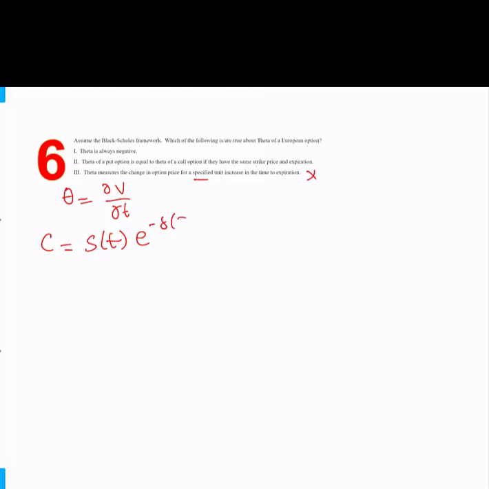At T, e to the minus delta (T minus t), phi of d1, not plus, it should be subtract K e to the minus r (T minus t) phi of d2. You see that? Phi of d2.